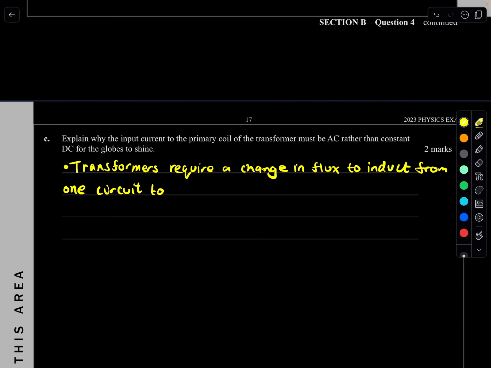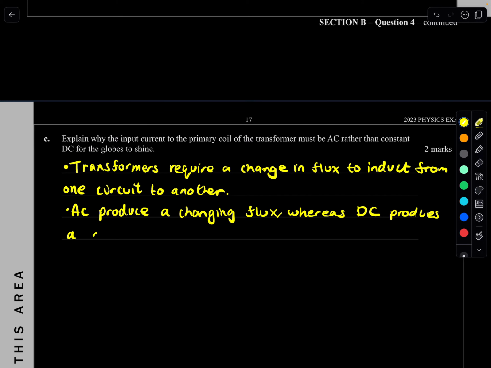And AC voltage produces a changing flux, whereas DC produces a constant flux. I don't think you have to be very detailed. Basically just that. Transformers need to have a change of flux to work, and so AC does have a change of flux, whereas DC has a constant flux.